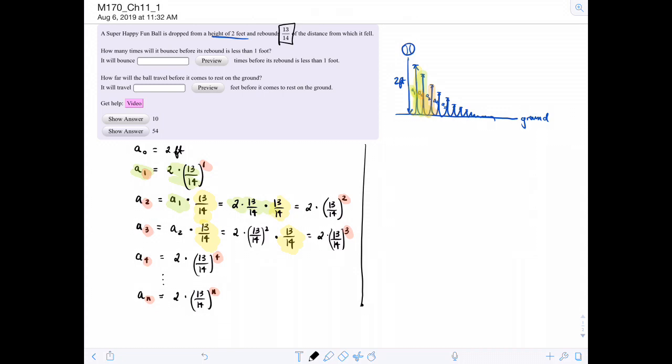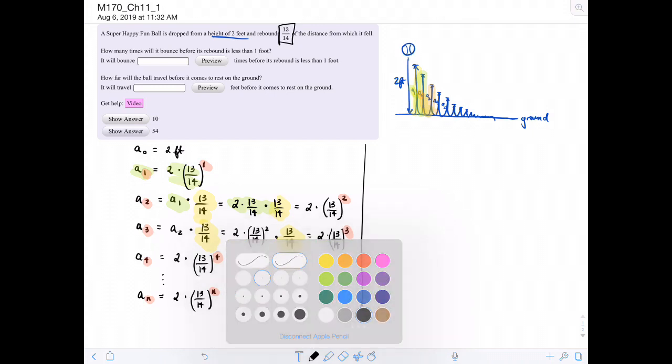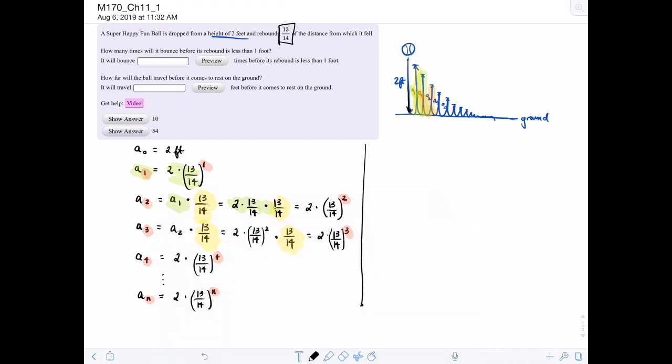The first problem says, how many times will it bounce before its rebound is less than 1 foot? So we're looking for this distance for the ball bouncing. It starts at 2 feet and then it starts bouncing, up, down. So when would this distance it bounces be less than 1 foot?